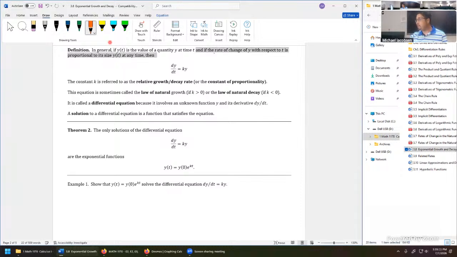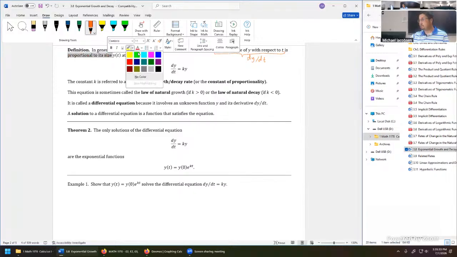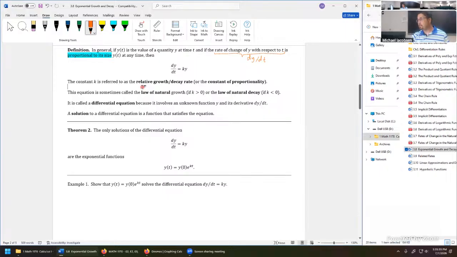When it says rate of change of y with respect to t, that's just saying dy dt. So that entire part is just indicating the derivative. When we say is proportional to, we mean is equal to some constant, which we'll refer to as the proportionality constant, or just a relative growth or relative decay constant.